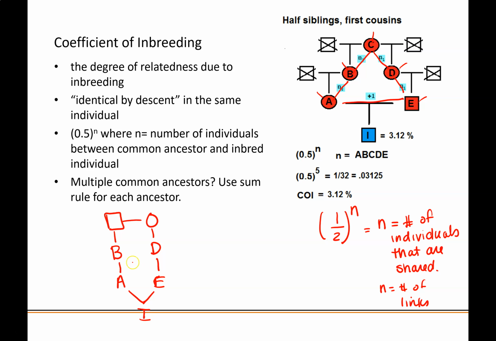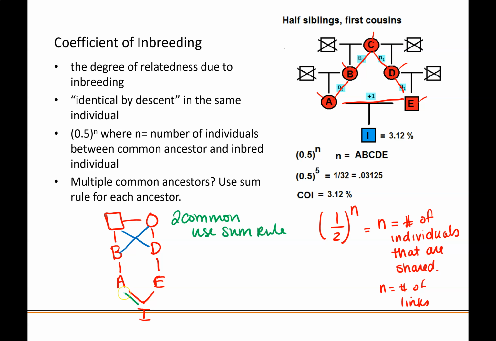And that is the route between the child and the mother and the child and the father. So if we draw, let me get a different color here. If you have 2 common ancestors, you have to use the sum rule, because you can be identical by descent by 2 different paths.